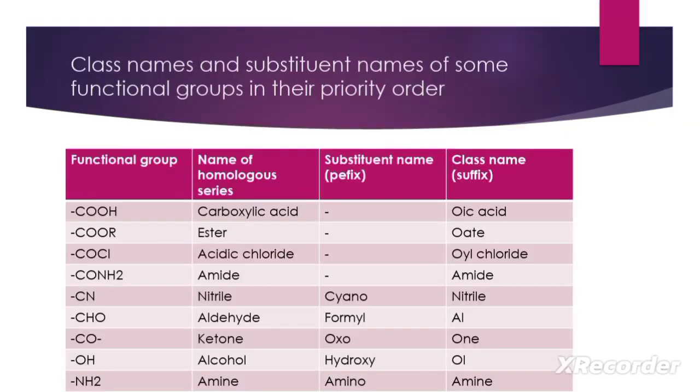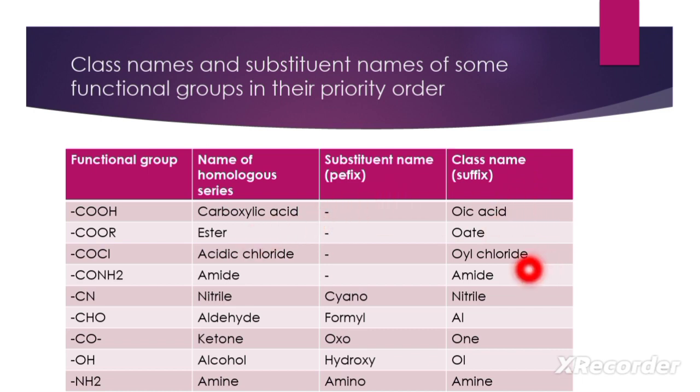After doing that nomenclature, did you understand something here? If these compounds are taken as substituents, we have to use the substituent name. If these are used as the principal functional group, we have to use these names, right?